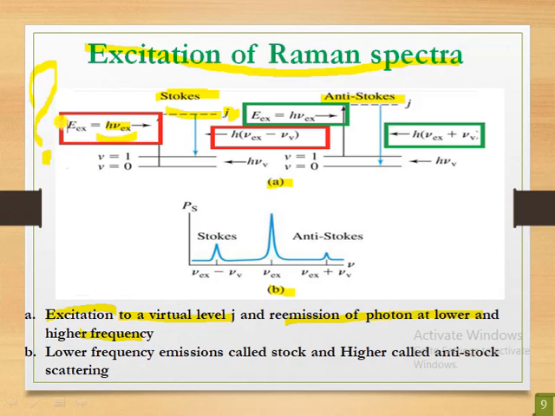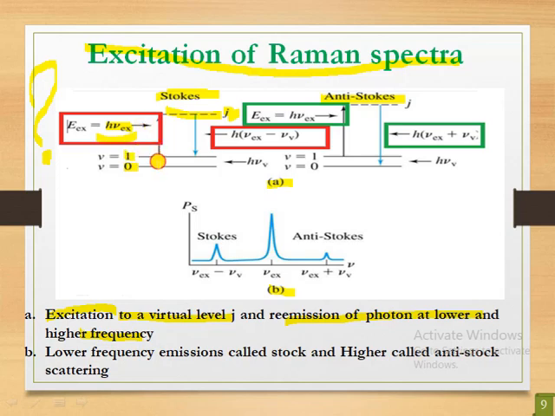When we irradiate our sample with this much energy, what happens? You can see over here, V equal to 0 is the ground vibrational state, but V1 is the excited vibrational state, or you can say the first excited vibrational state.